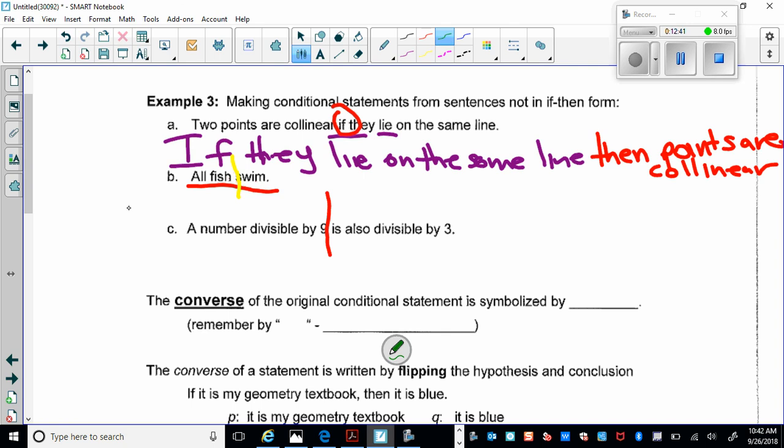And then you can write the statement as if, and if you want it to make sense, like when you write proper English, you can say if an animal is a fish, or if it is a fish, right? Then you can say, then it can swim.